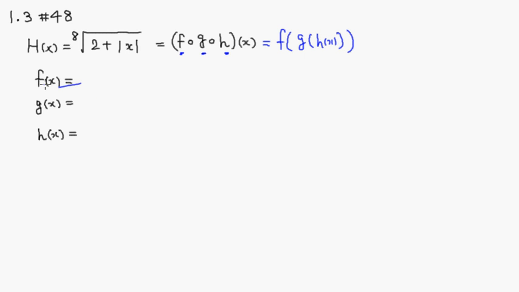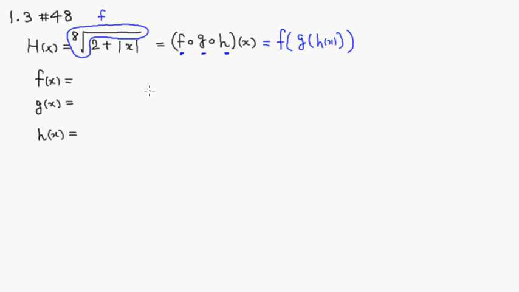For the very outer function, which is f of x, we're going to just look at the very outside function, and you can see that on the outside you have the eighth root. So that's going to be our f.